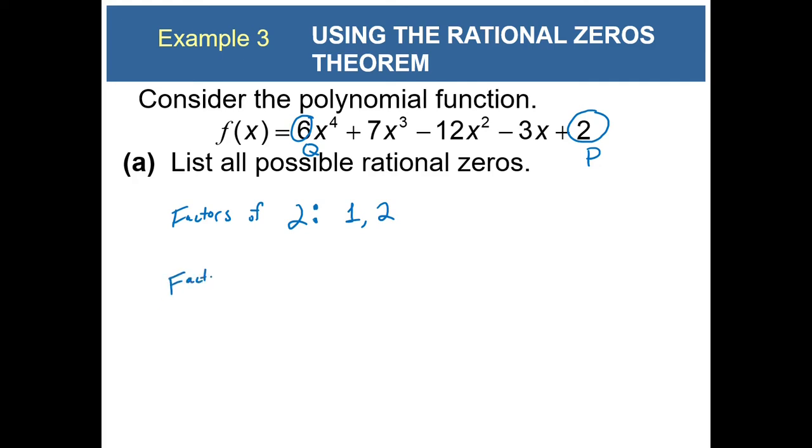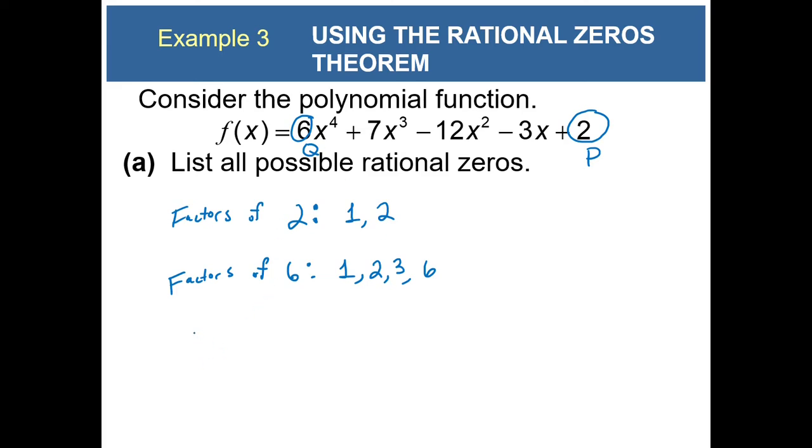Then we'll list all of the factors of 6. The factors of 6 are 1, 2, 3, and 6. 1, 2, 3, and 6 all divide into 6.